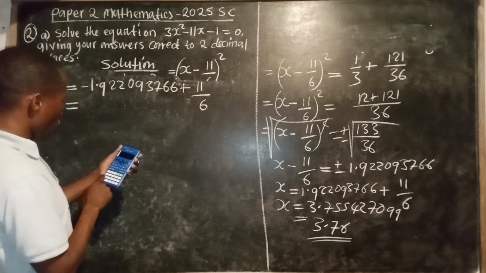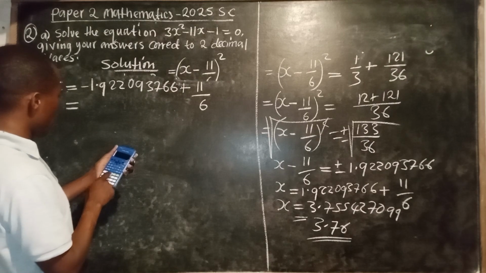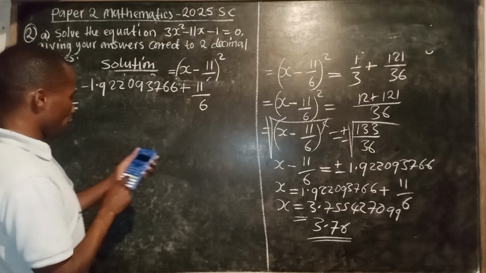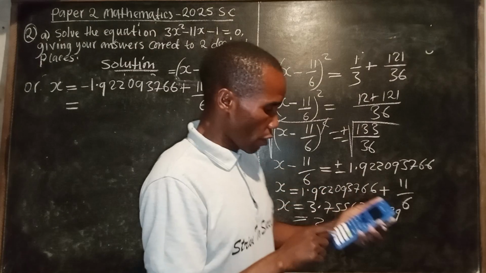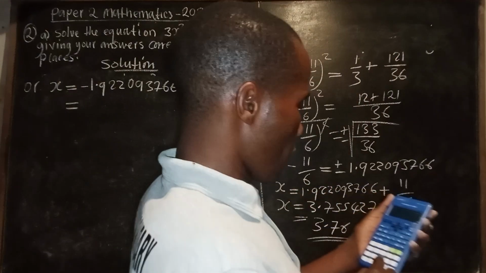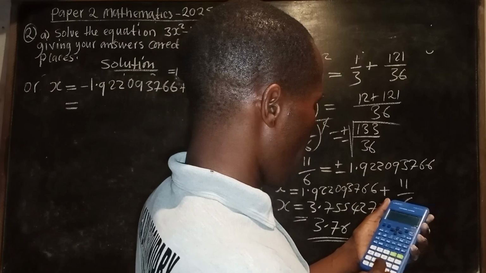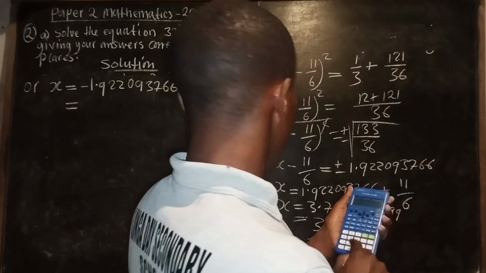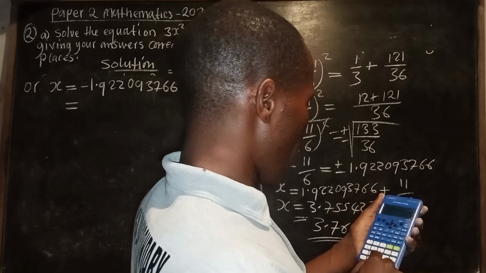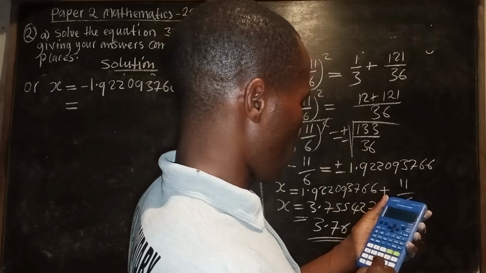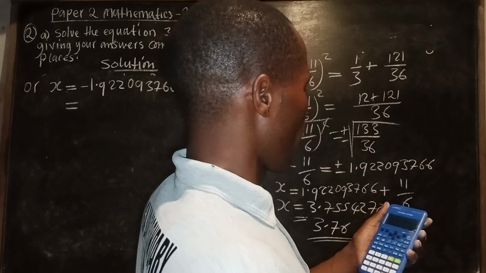So there I will say now negative 1.92209 3766 plus 11 divided by 6.